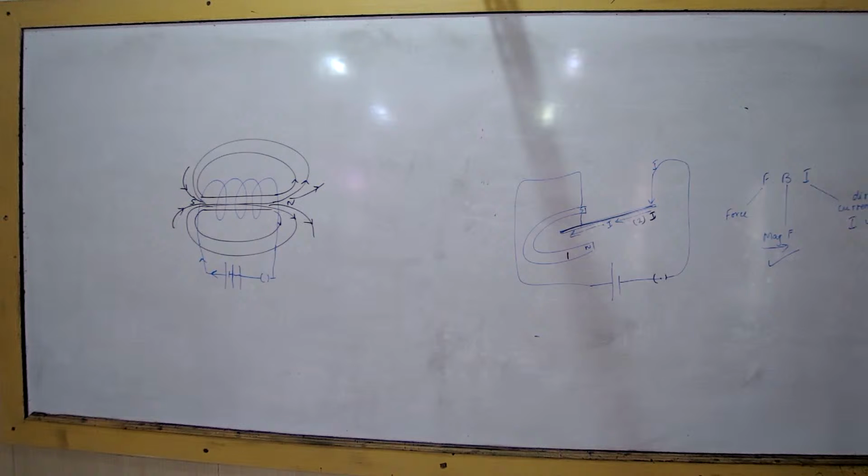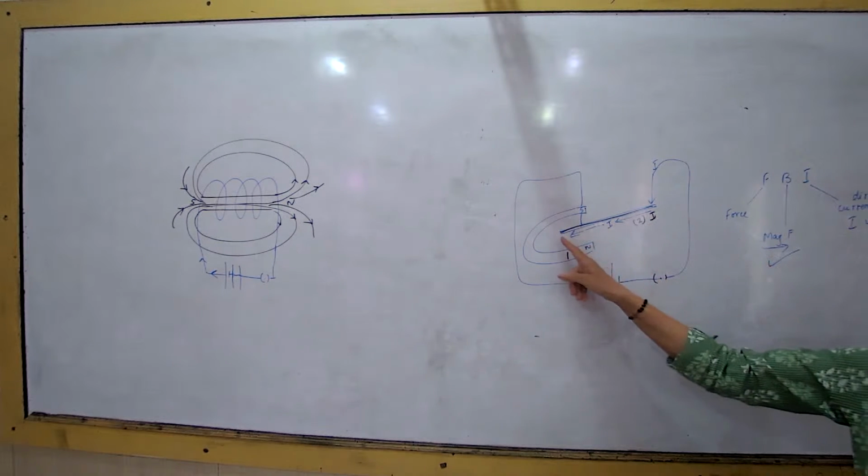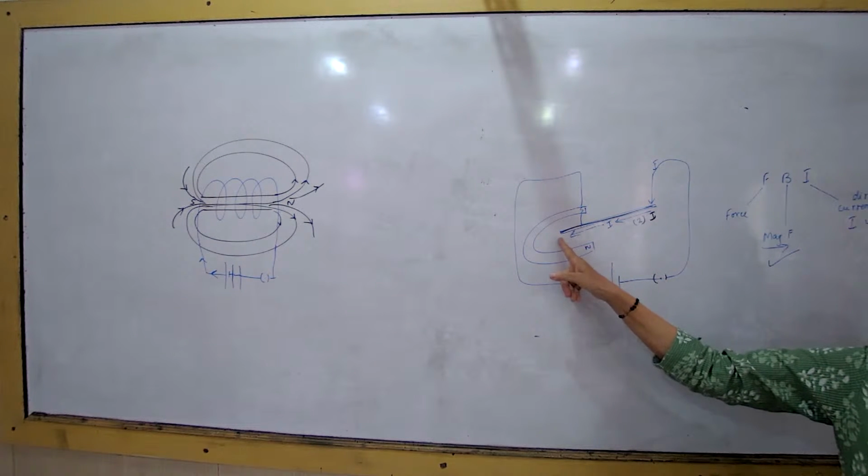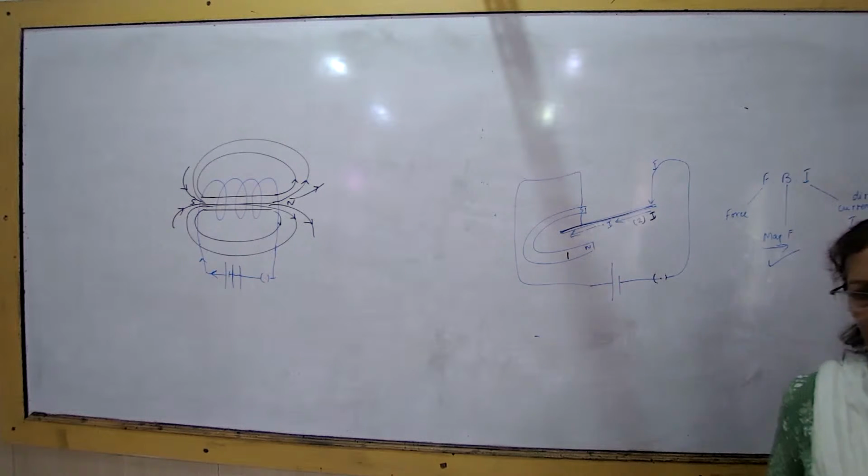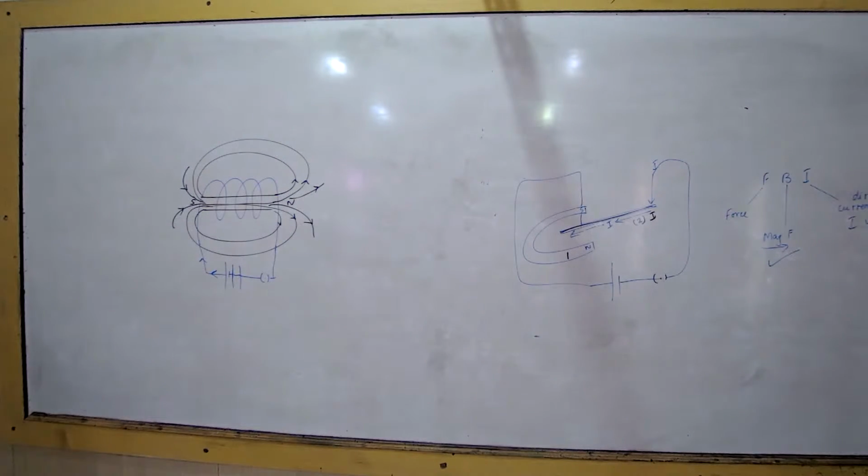Okay. I want 3 points there. Write down all the 3 points. Sorry, what did I say? Deflection of the aluminium rod in the experiment.